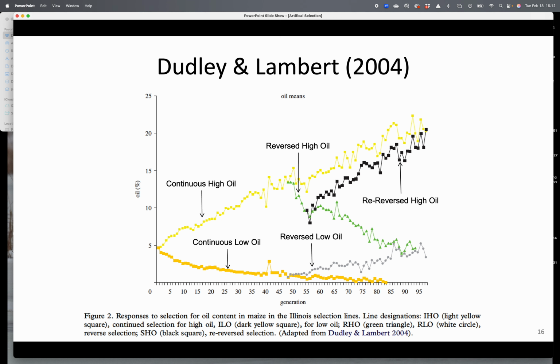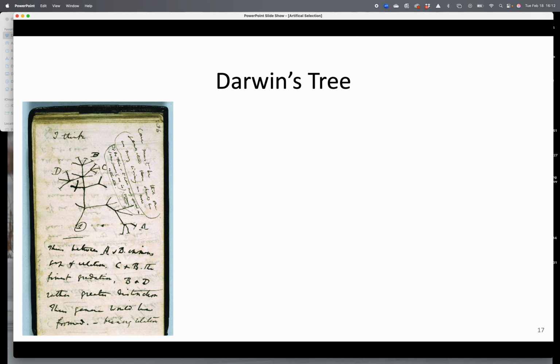And it's this divergence that was actually impressive to Darwin. And back in 1837, he opened up his notebook and drew this image that you see on the left here in his notebook, which shows an ancestral species here at 1 that branches repeatedly until you have species A, species B, species C, and species D. And then you have a bunch of other unlabeled species that represent species that have gone extinct.